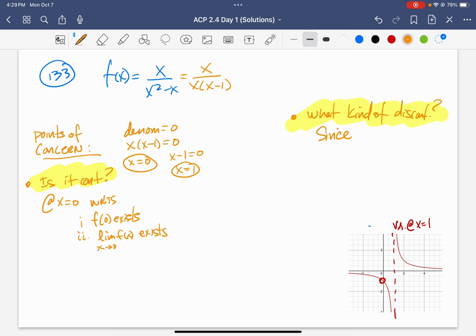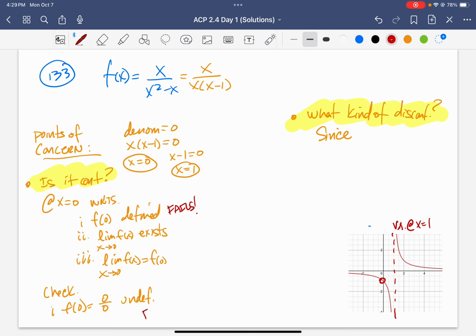Actually, instead of exists, I would probably say that this first thing is defined. And then for 3, I need to show the limit equals the function value. And so I'm going to now check, but I check number 1, and I notice that f of 0 is equal to 0 over 0, which is undefined, and so it fails the first condition.